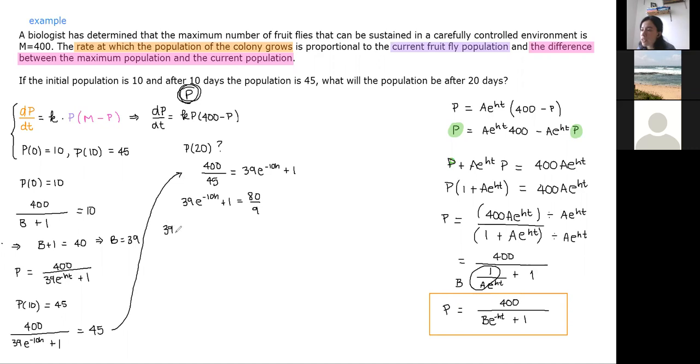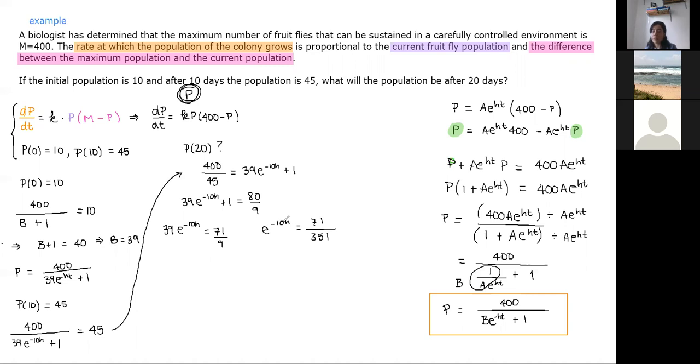This means 39 e to the minus 10h is going to be equal to 80 minus 9 over 9, so that's 71 over 9, which means that e to the minus 10h, if I divide both sides by 39, is going to give me that e to the minus 10h is equal to 71 divided by 351.